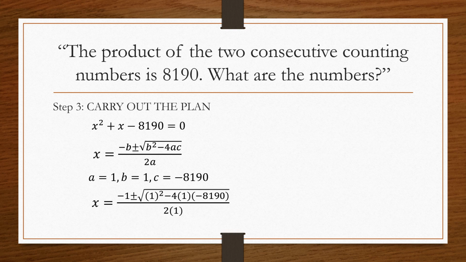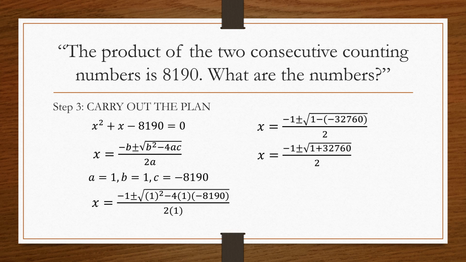Substitute the values to the formula, we have negative 1 plus minus the square root of 1 squared minus 4 times 1 times negative 8,190 divided by 2. Simplifying this, we have x equals negative 1 plus minus square root of 32,761 divided by 2.